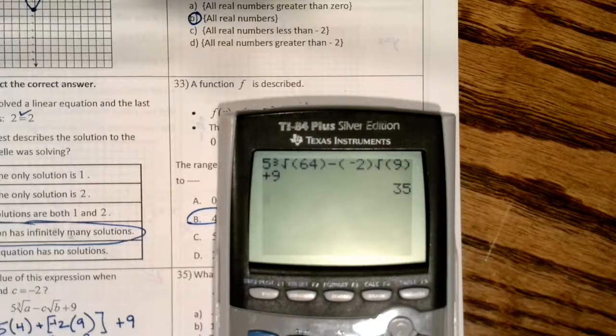Uh-oh, I forgot to take the square root. Square root of 9 is 3. So this is plus 6. There we go. So 20 plus 6 plus 9 is 35.